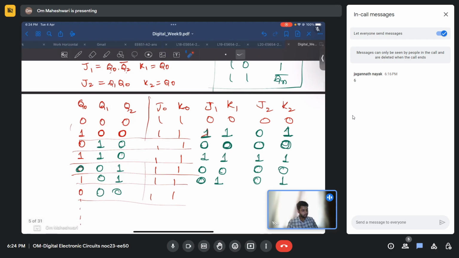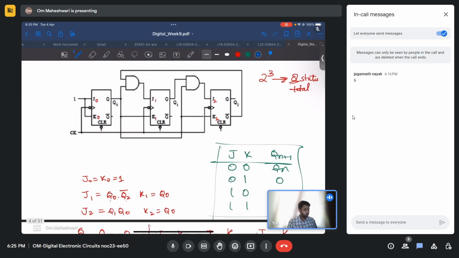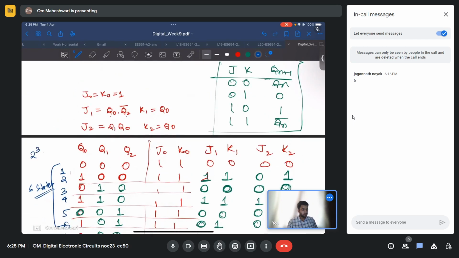So how many states have we gone through? 1 2 3 4 5 6. Then again the first one is repeating. So we have gone through 6 states. We could have total 2 to the power 3, that is 8 states.